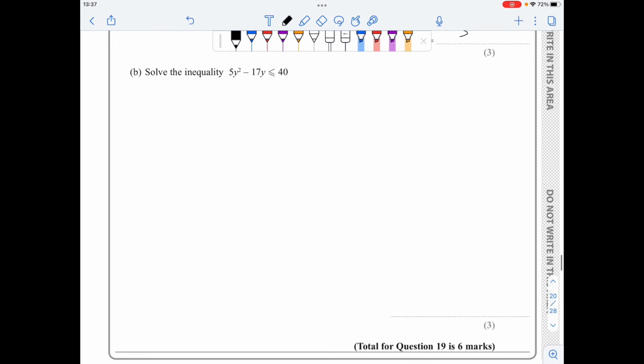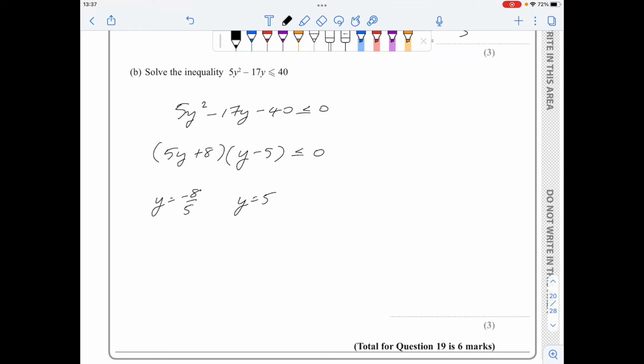For part B, I'll take everything to the left, so 5y squared minus 17y minus 40 is less than or equal to 0. Let's factorize: 5y plus 8 and y minus 5 is less than or equal to 0. Now the critical values for these are y equals minus 8 over 5 or y is equal to 5.